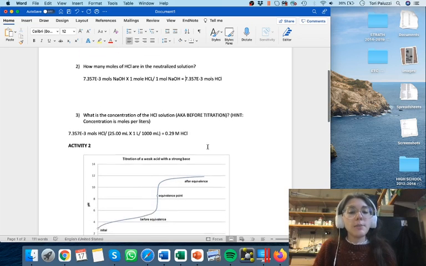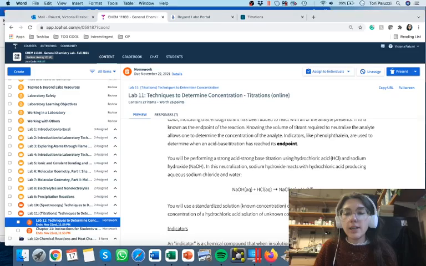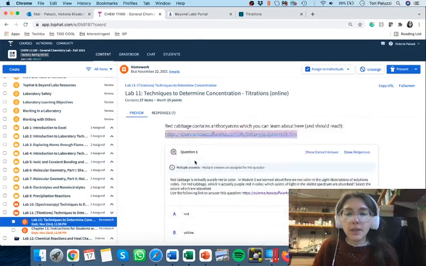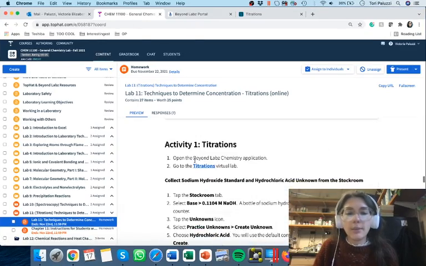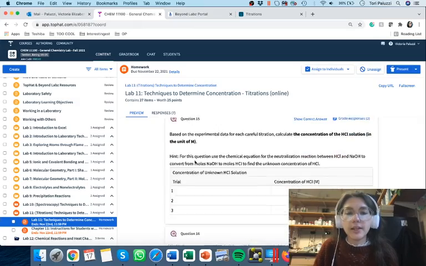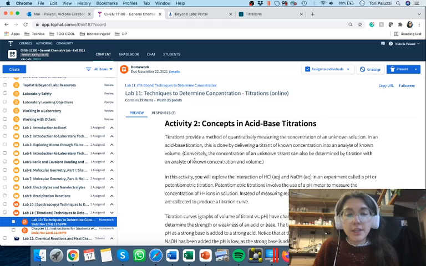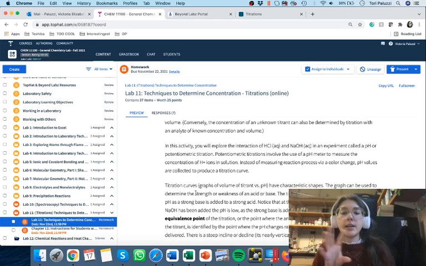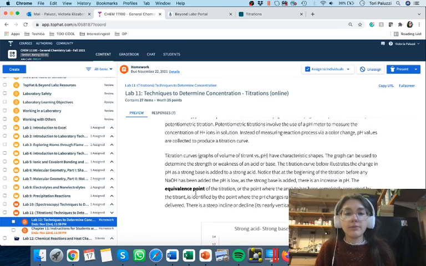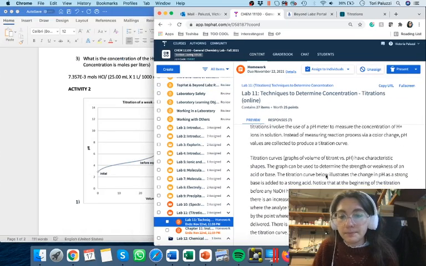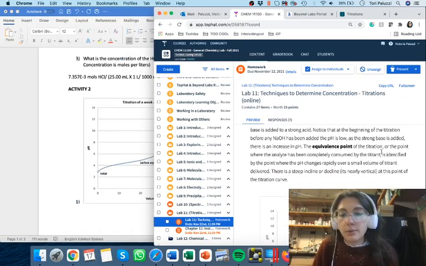Speaking of equivalence points, when we go into activity 2, it talks a lot about using different indicators. So activity 2 is where we're exploring potentiometric titrations, essentially basing it off of the curve. You're going to record a curve, and the equivalence point is going to be found.